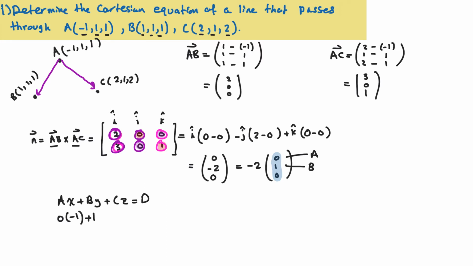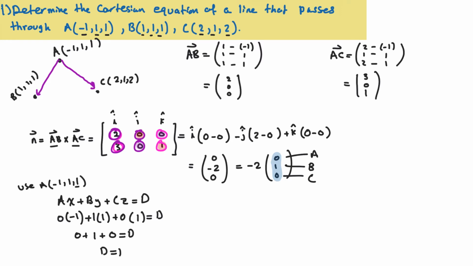times the y value of point A, which is 1. And I'll just write here, use A, which has coordinates -1, 1, so it's a little bit easier, plus our C component, or our Z component here of our normal vector, so that's going to equal 0 times the Z value here, which is 1, and that's going to equal D. So I will have 0 plus 1 plus 0 is equal to D, and therefore D is equal to 1.